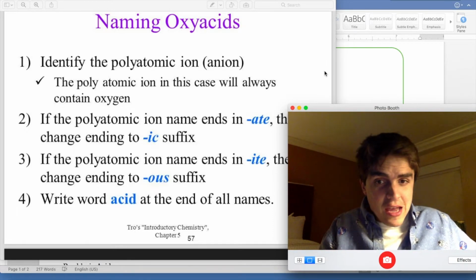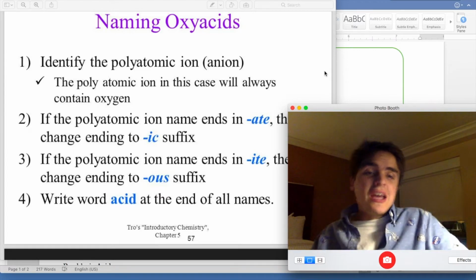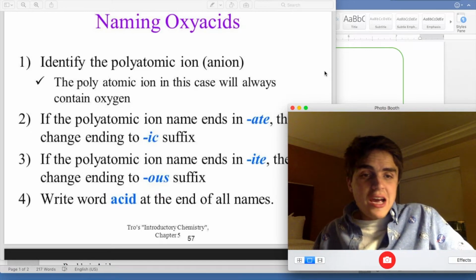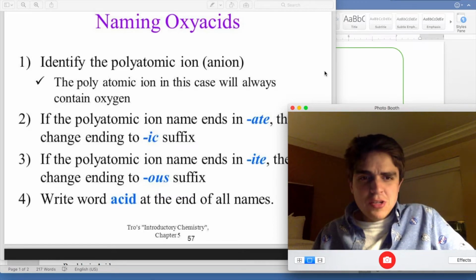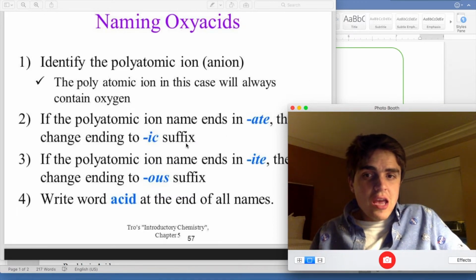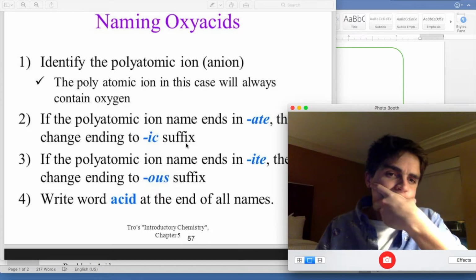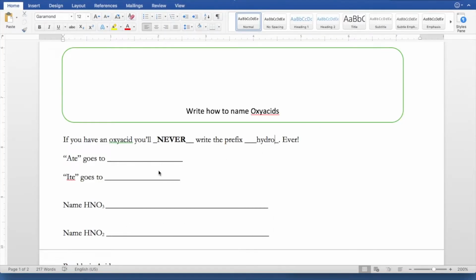So if you have ate, then it becomes ick. If it is ite, then it becomes ous. Ate, ick, ite, ous. So on your worksheet, ate becomes ick, and ite becomes ous.